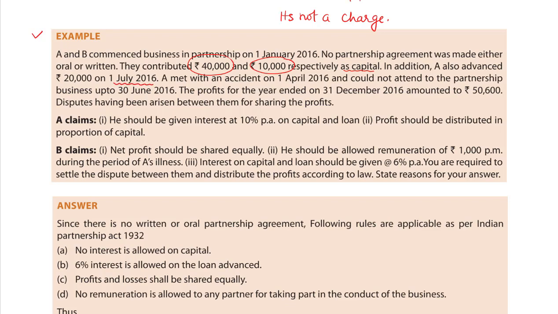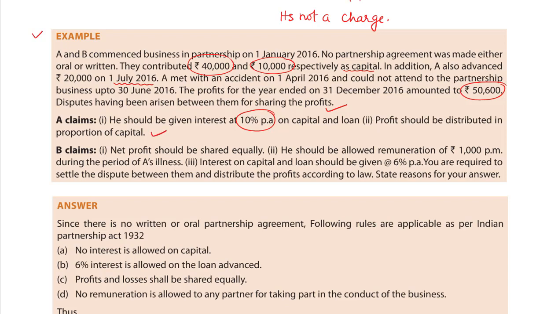A met with an accident on 1st April 2016 and could not attend the partnership business up to 30th June 2016. The profits of the year amounted to 50,600. Disputes having arisen between them over sharing of profits. A claims, first, he should be given interest at the rate of 10% per annum on capital and loan. Second, profit should be distributed in the proportion of capital.